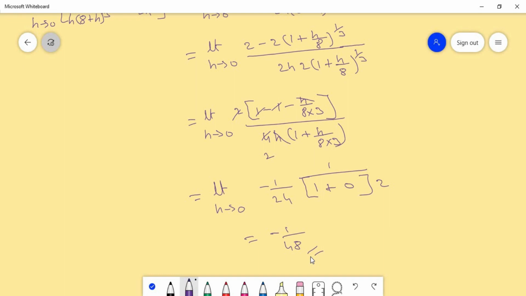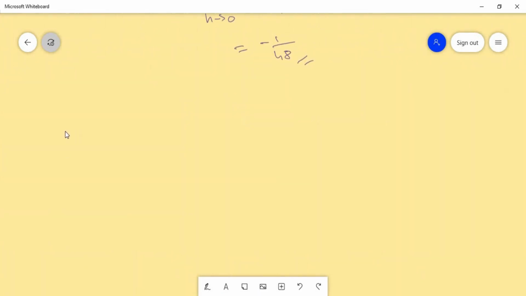Right? And we'll take some problems using LCM, that means when we get the infinity minus infinity form. Okay. See, one more example.